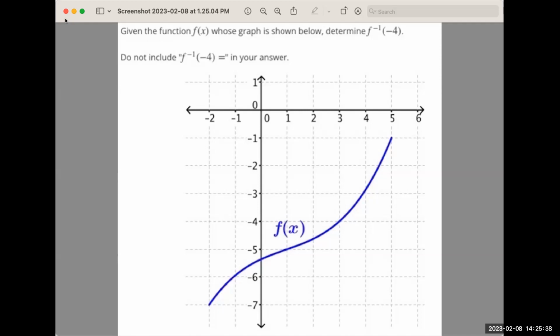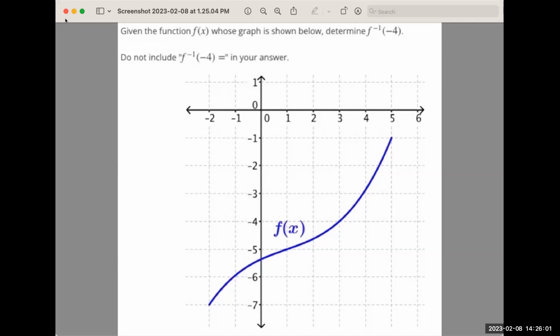Okay, guys, let's see. -4 is the input for the inverse, right? That's what it shows right there. So for f, it needs to be the output for f. If it's the output for f, what coordinate does that correspond to in the graph? X or Y?